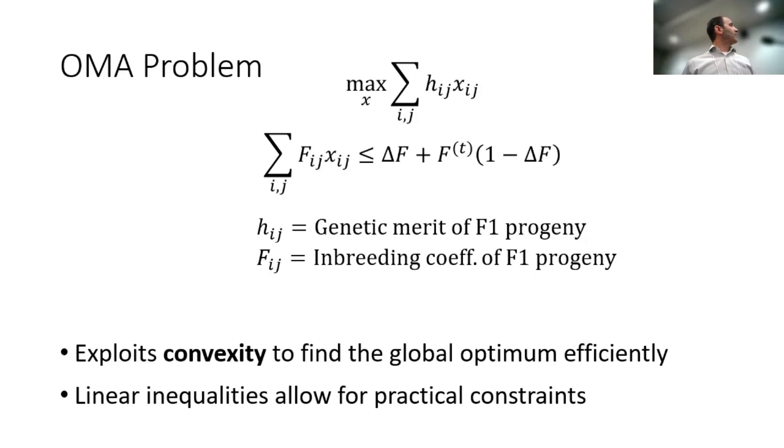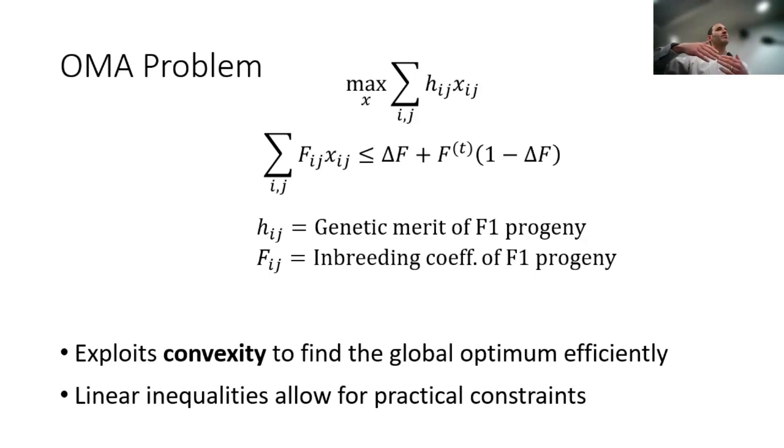If you look at this equation, you'll see it has a linear objective in terms of the unknowns x, and this is a linear inequality, again, in terms of the unknowns x. That is one of the hallmarks of a linear program, which is a type of convex program. And as it turns out, constraining the inbreeding rate for one generation turns out to be not quite sufficient to actually constrain inbreeding in the long term.